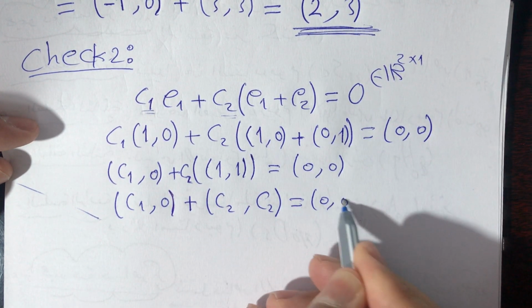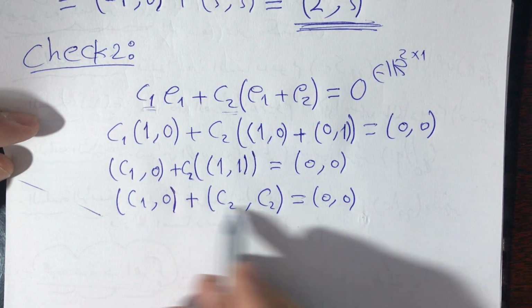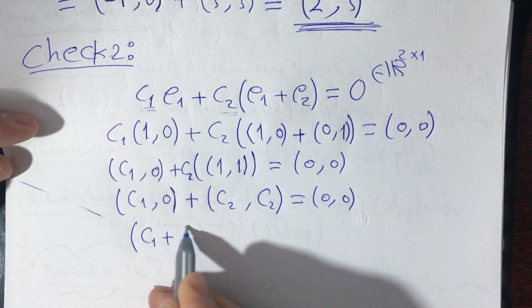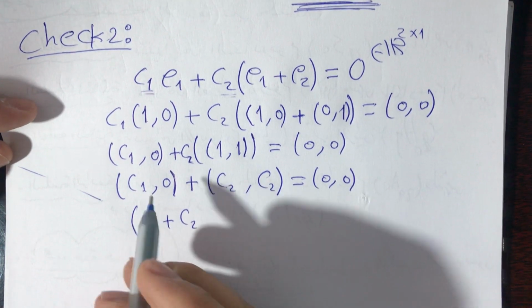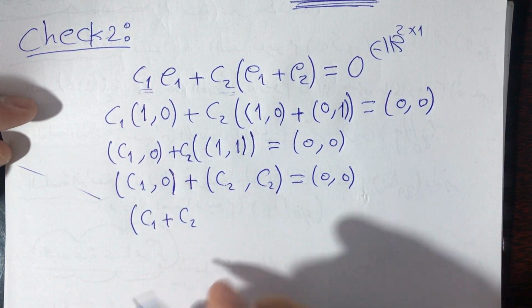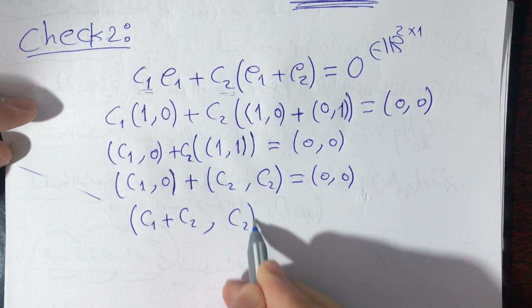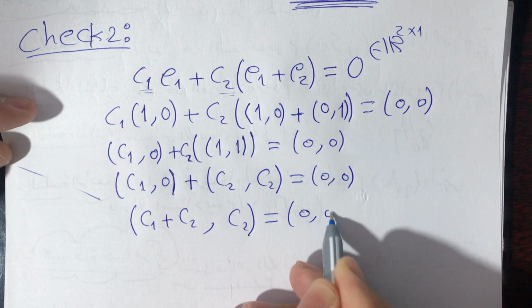This is equal to (0, 0). Now sum these two: the first argument will be C1 plus C2, and the second argument will be just C2, equal to (0, 0).